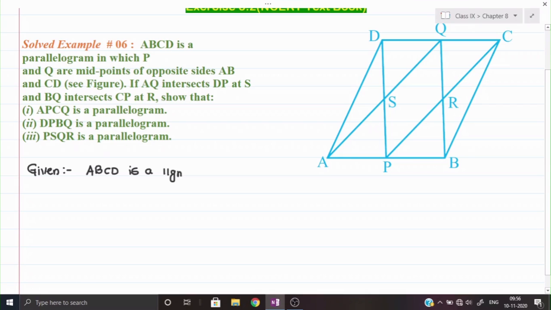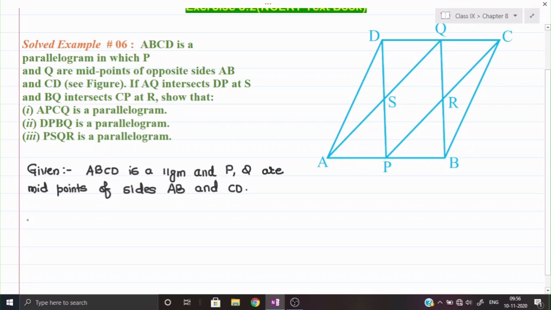Second, we have given that P and Q are midpoints of the sides AB and CD.